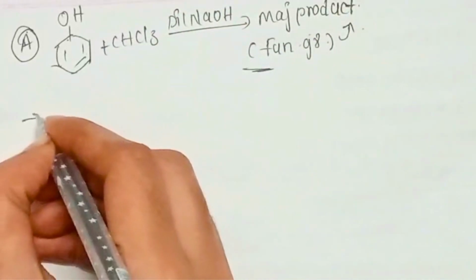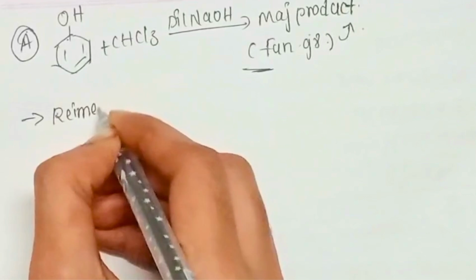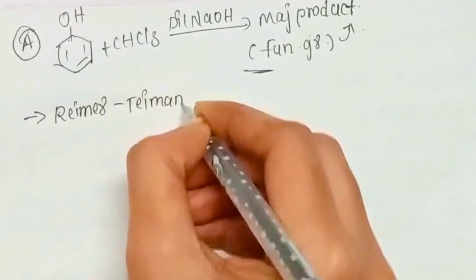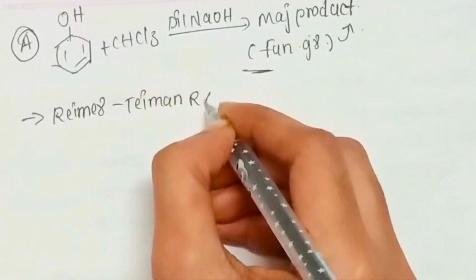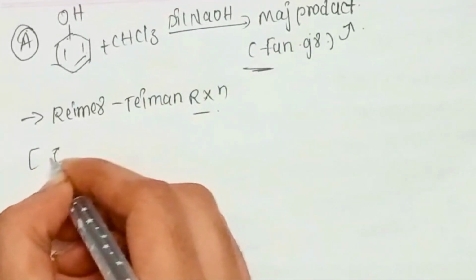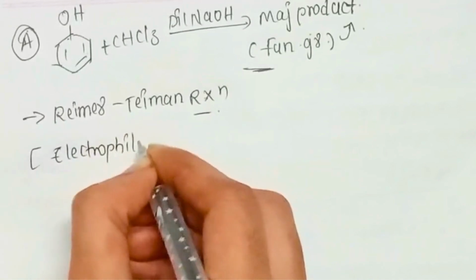As we all know, this is one of the named reactions, the Reimer-Tiemann reaction. What happens in the Reimer-Tiemann reaction? It is an electrophilic aromatic substitution reaction.